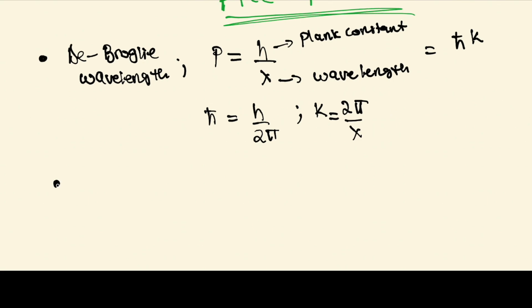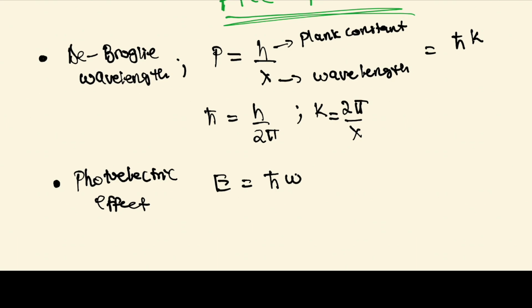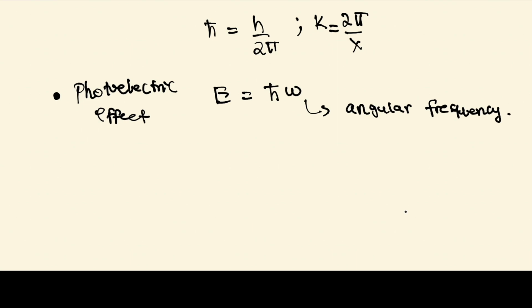We also know from the photoelectric effect that the energy of a photon is given by h bar multiplied by omega, where omega is the angular frequency. Now, classically, for a free particle the energy is only the kinetic energy because there's no potential associated with the particle. So we can write the energy as p squared over 2m, where p is the momentum.